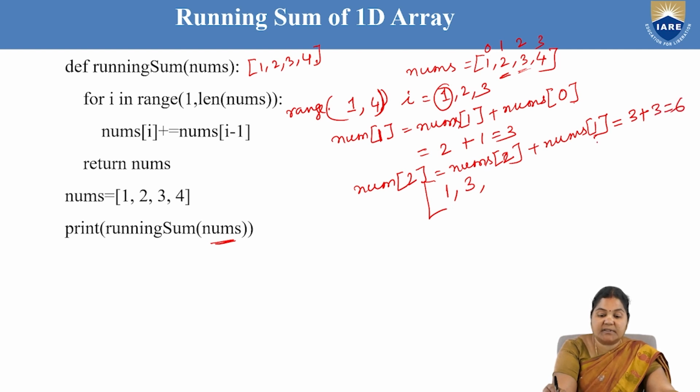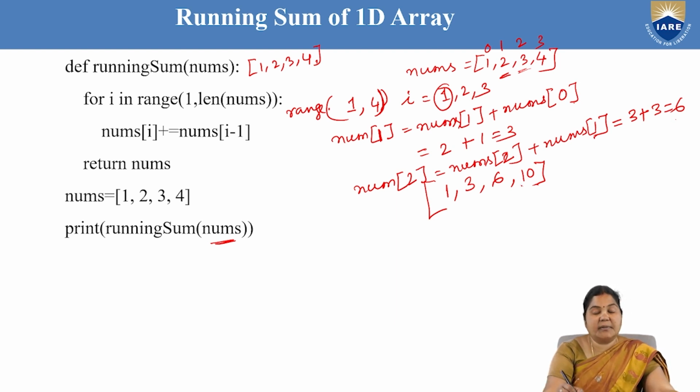So, it becomes 3 plus 3, which is 6. Okay. Similar way, for nums[3], we will compute, which is 10, and we will write it down. It is already 6 plus 4 becomes 10. So, in this way, in place, it will compute the running sum of the array.